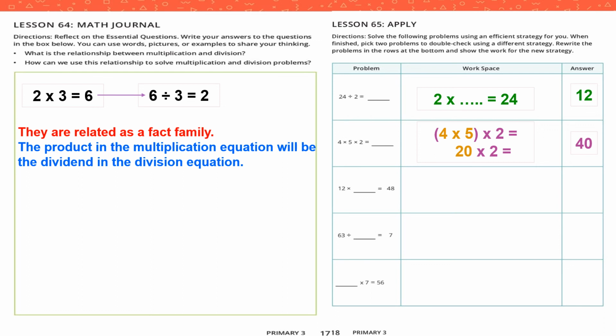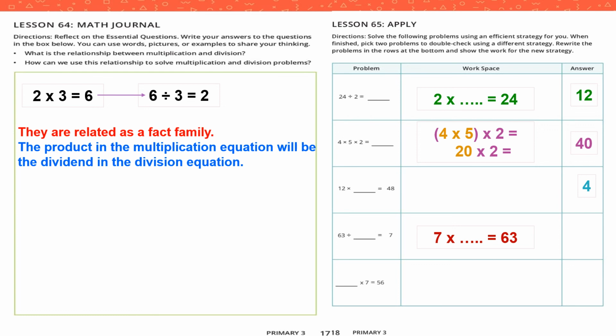The next one, 12 times what? Give me 48. 12 times what? In table what? I multiply by 12 and give me 48. Sure, 4. The next equation, 6 divided by what?